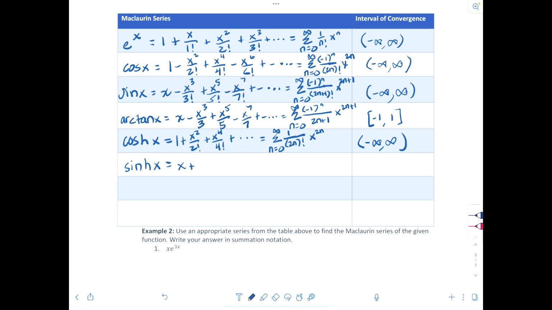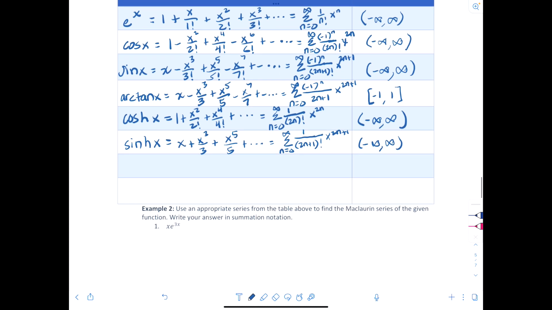So we'll have x plus x cubed over 3 factorial plus x to the 5th over 5 factorial plus dot dot dot, which is equal to the summation as n goes from 0 to infinity of 1 over quantity 2n plus 1 factorial times x raised to the 2n plus 1, and that's good on minus infinity to infinity. And then just a couple more. I know I'm going fast on these. We're mostly going to just be utilizing them to find other stuff, all right?